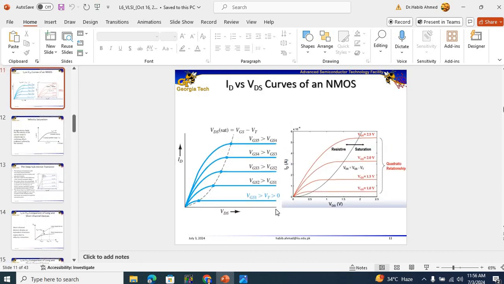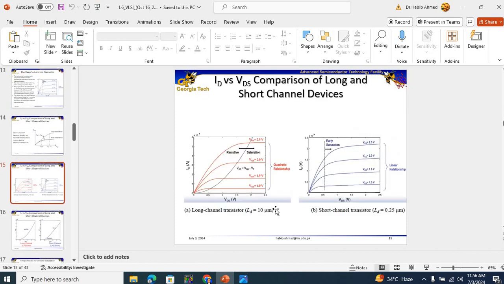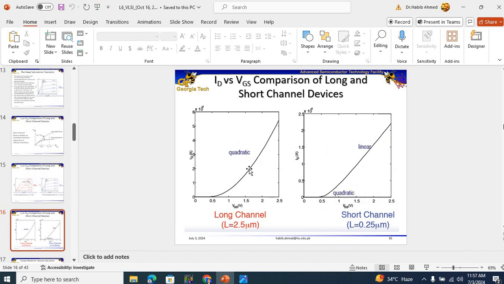Before discussing the reason, let us look at a slide where we have a comparison of the ID versus VDS characteristics as a function of VGS for a long channel transistor and for a short channel transistor. And further, looking at this slide, we have ID versus VGS for a long channel device and for a short channel device. Here we see a couple of things.